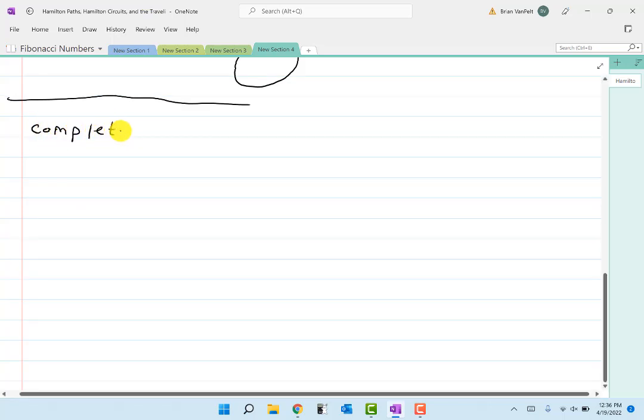Next, to facilitate this study, we're going to look at something called complete graphs. And I'll draw a very simple one right off the bat.